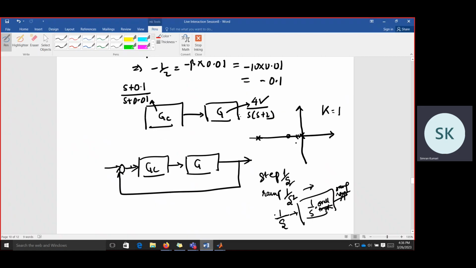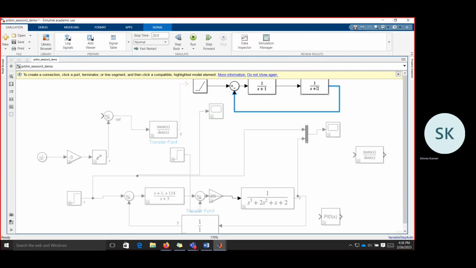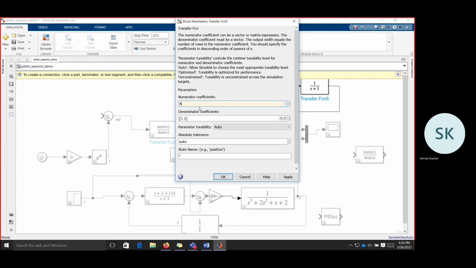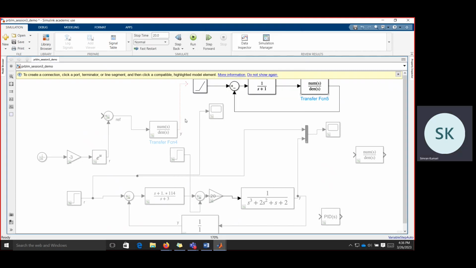Okay, now we'll change this transfer function. This is 4 by s squared plus 2s. This is the one. This 4 by s squared plus 2s plus 0.